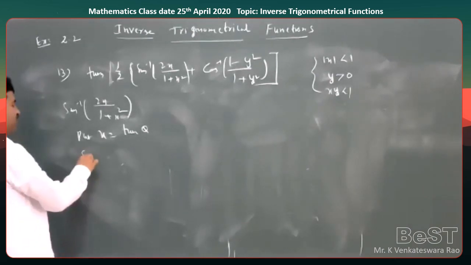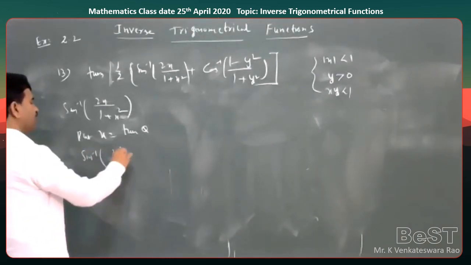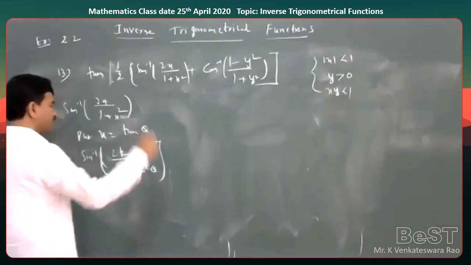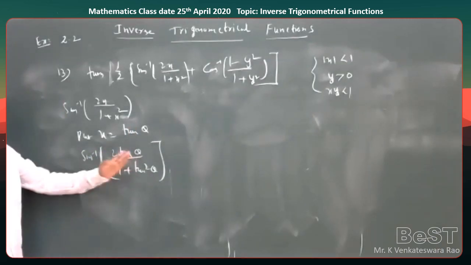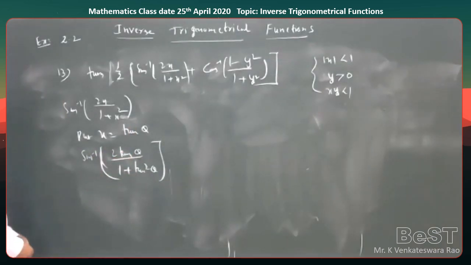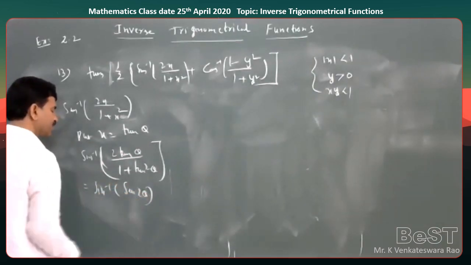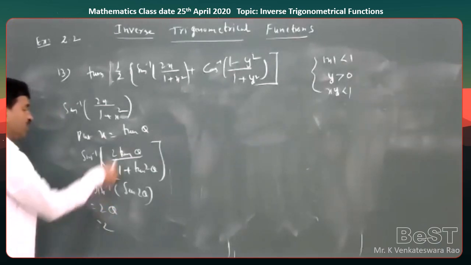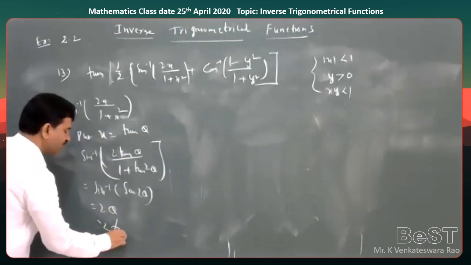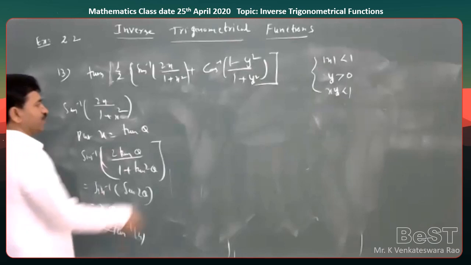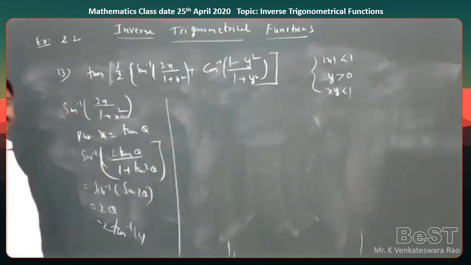So sine inverse of 2 tan theta by 1 plus tan square theta equals sine inverse of sine 2 theta, that is 2 theta. 2 theta means 2 into tan inverse of x. So sine inverse of 2x by 1 plus x square is 2 tan inverse of x. Don't write the formula directly in PUC. You have to follow the method.